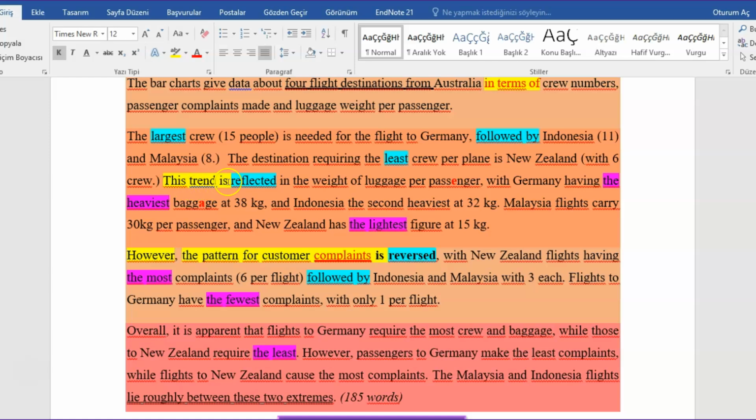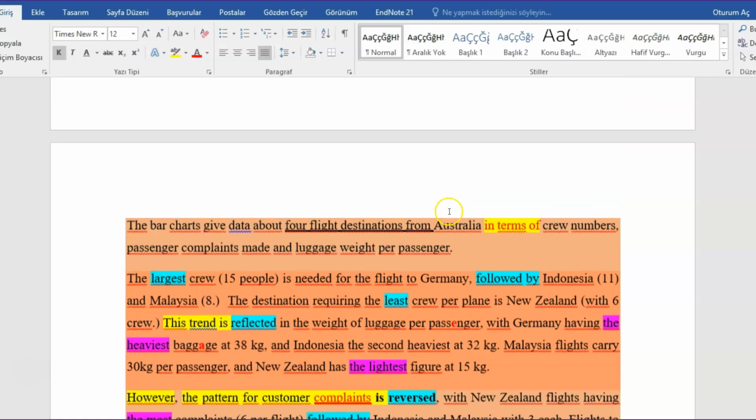This trend, an academic phrase, is reflected, I mean this pattern is the same, in the weight of luggage per person, right?